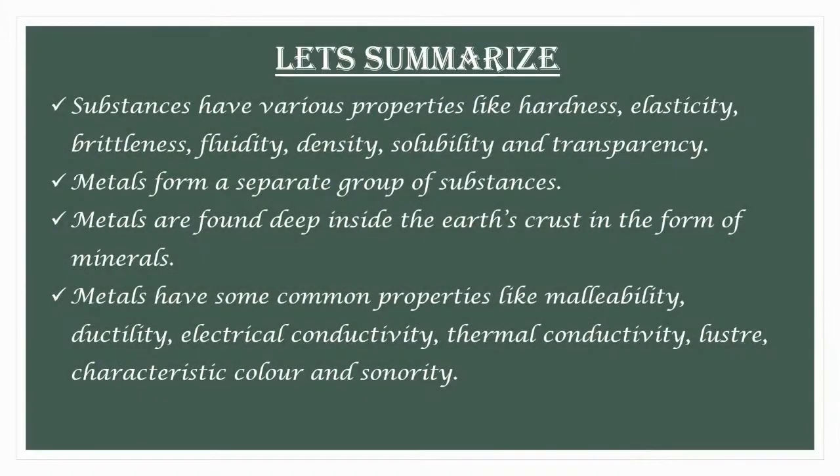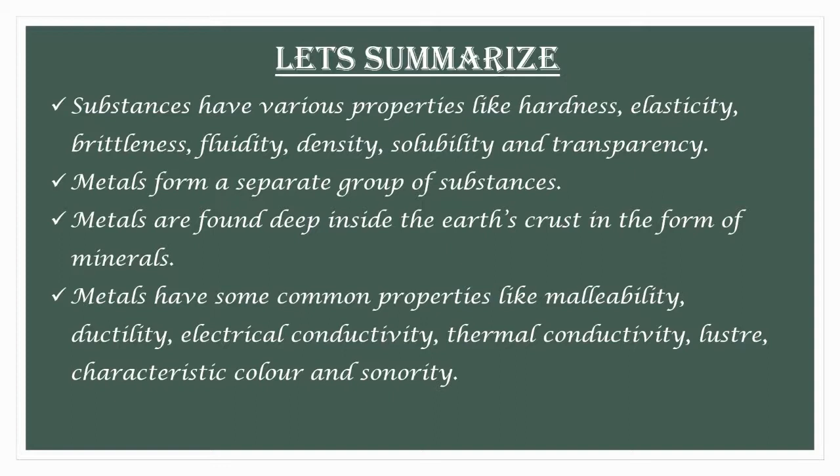Now students, with this we have completed module 2. Now let's summarize what we have learned. We learned that substances have various properties like hardness, elasticity, brittleness, fluidity, density, solubility, and transparency.